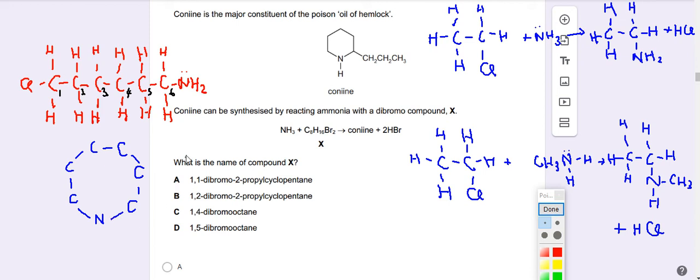Okay, remember the byproduct will be HCl. So this one will be gone. One of the H will be gone. So nitrogen has only one H now in the product. Now the other H, they are still there.